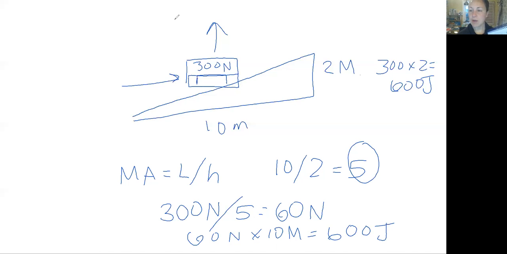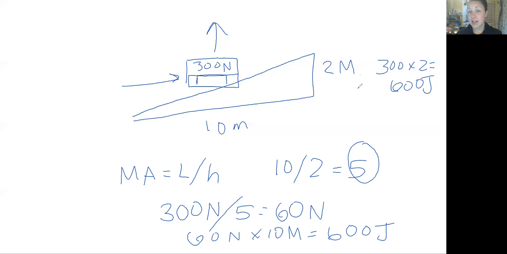So we're still ending up with the same amount of work that we had up here by just lifting it straight up. The same amount of work would be needed to move the piano that distance, but the force would be more reasonable. The efficiency of this system is 100% because the output force equals the input force.